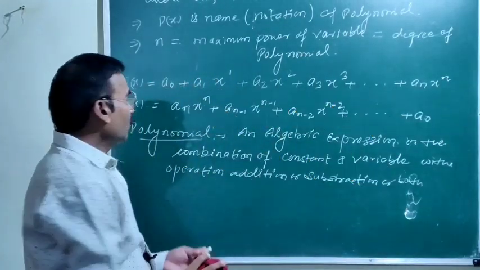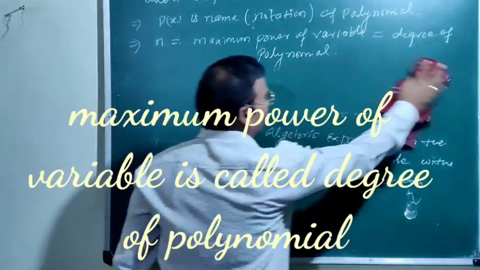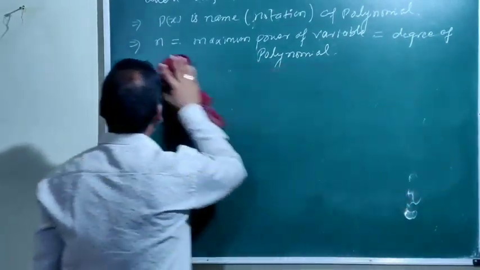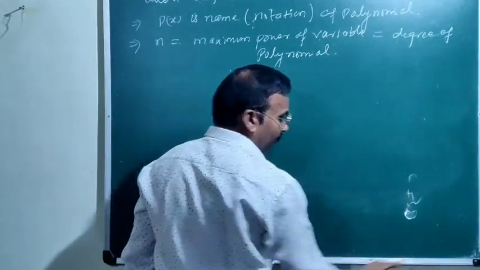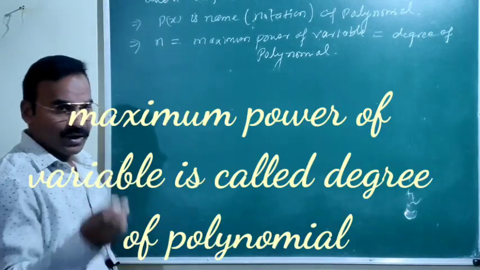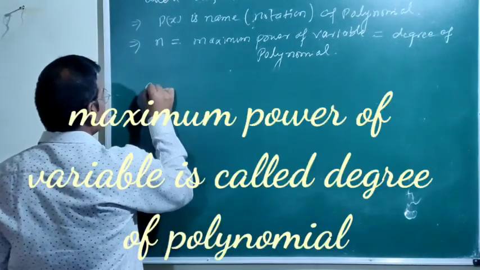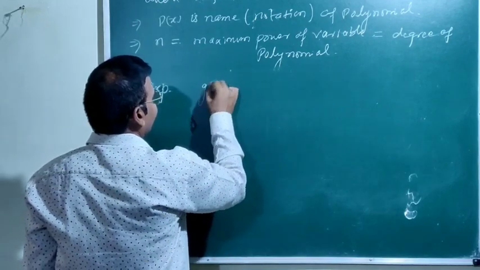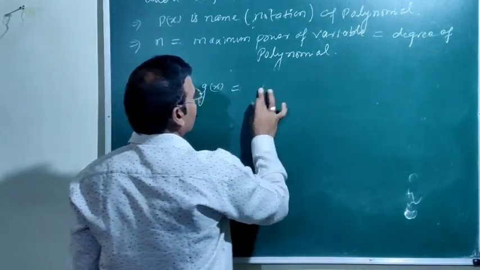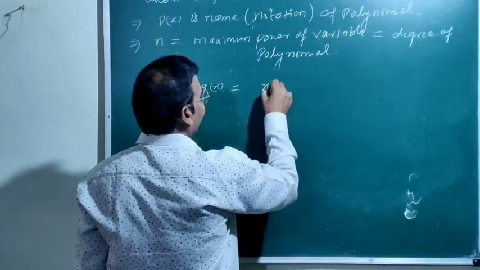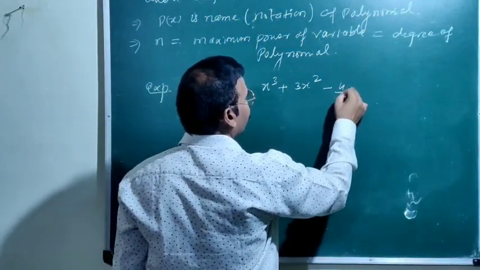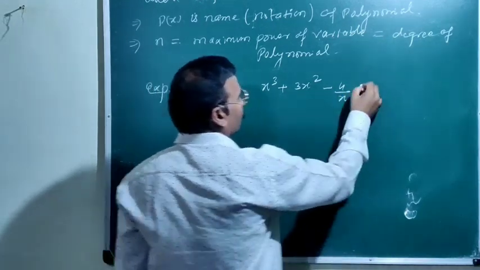So one definition of the degree is: the maximum power of the variable in a polynomial is called the degree of the polynomial. Okay, for example, Gx equals x cube plus 3x square minus 4 upon x plus 9.